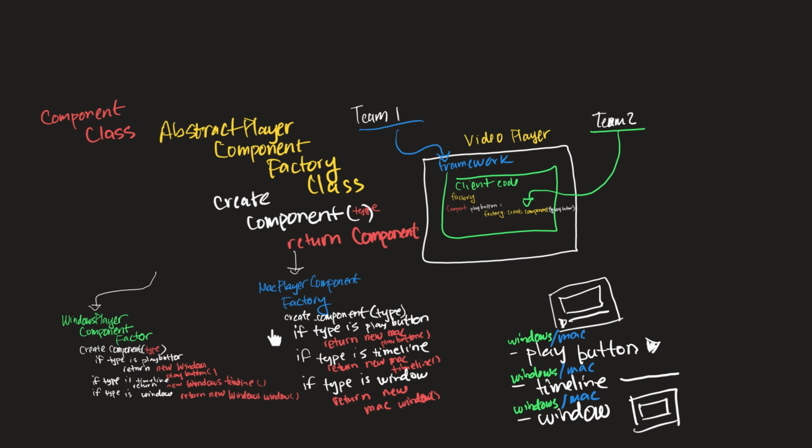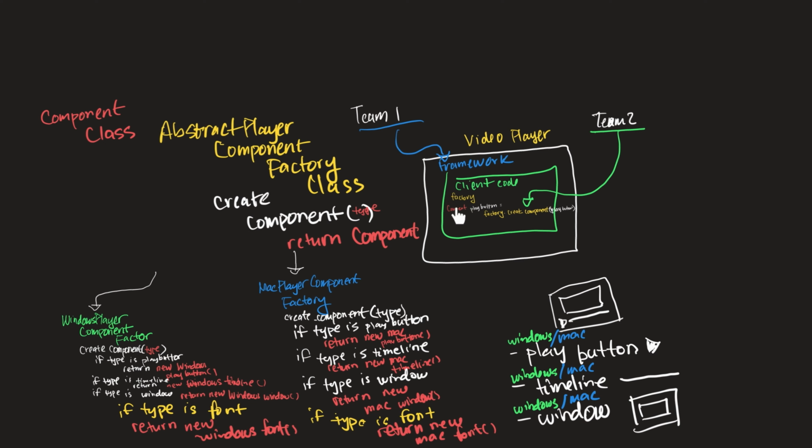To prove that, if we were to extend the player components to have additional components, so if we were to add the ability to use type equal to font, and we'd return a Mac font object or a Windows font object in that case, this addition isn't going to impact the client code. If the client code wanted to make use of this object, of course they could add that into the code. But if the client code doesn't need to make use of these additions, then the client code can just remain the same. It doesn't need to change at all.